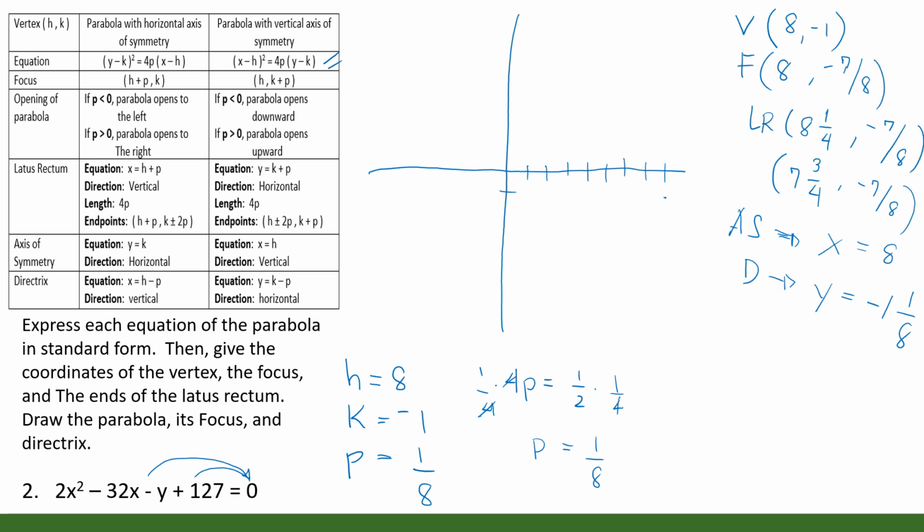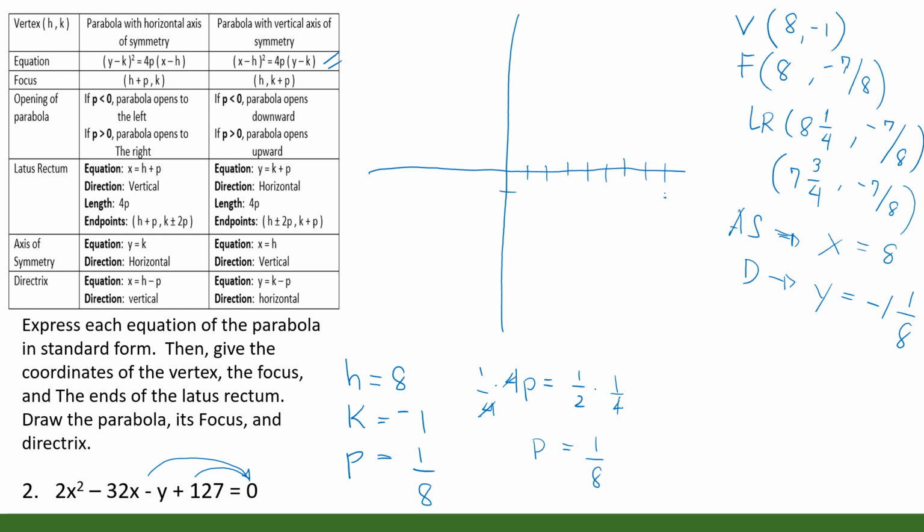So this is our vertex, and the focus is 8, negative 7/8. 7 divided by 8 is approximately 0.87, so that is closer to our vertex. Here it is, before your vertex, that is 0.8 approximately.